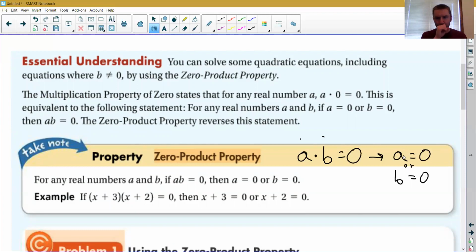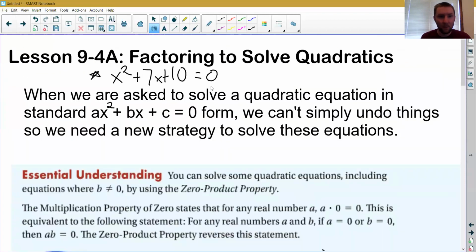So what we're going to do is look at these A's and B's as factors in parentheses from a quadratic equation, like what we looked at back in chapter 8. Let's take this equation up here again, x squared plus 7x plus 10. Can we factor that into two sets of parentheses? We would need to find two numbers that multiply to 10 and add up to 7, and that would be x plus 5 and x plus 2.